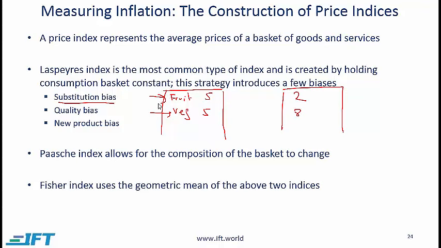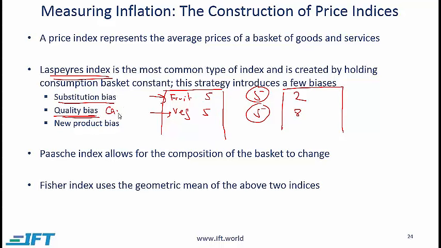But with an index which assumes a fixed basket, our price level will be computed based on 5 units of fruit and 5 units of vegetables. So therefore, the inflation number or the price level based on this strategy will be biased upwards, or we can say that it will be overstated. Quality bias, this also will cause the index to be overstated because the quality of goods and services tends to get better.